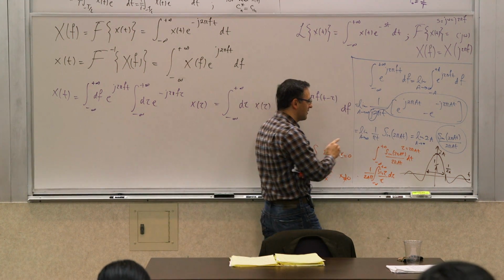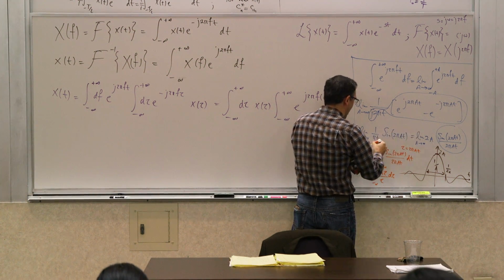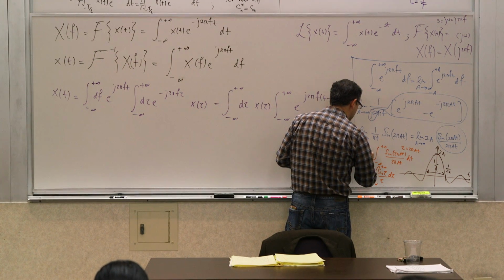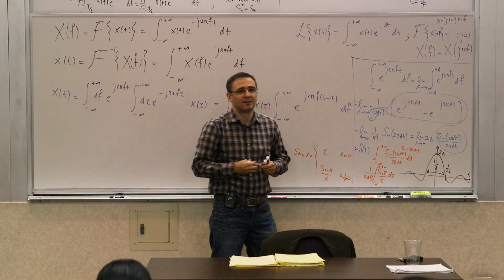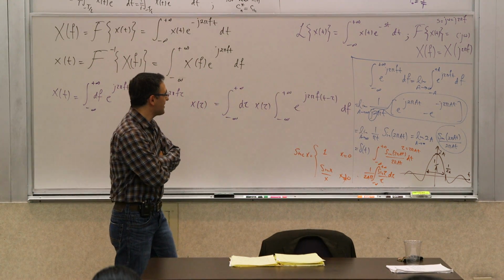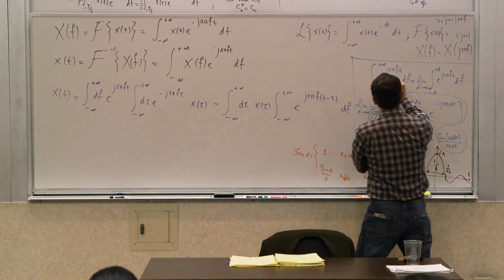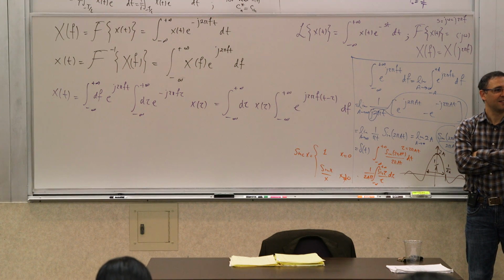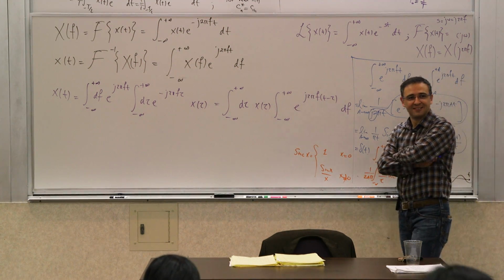You are left with this integral being 1. That proves that this thing is delta of t. So now it's interesting: the integral of e to the j 2 pi ft from negative infinity to positive infinity df is delta of t.